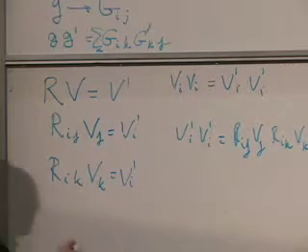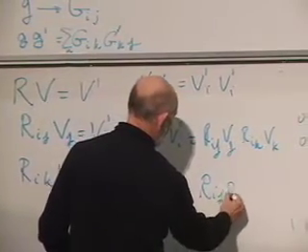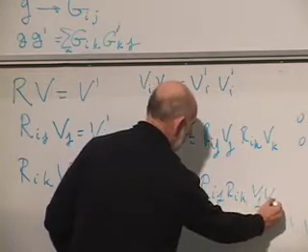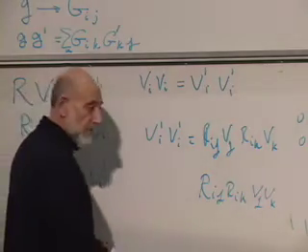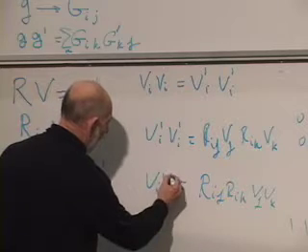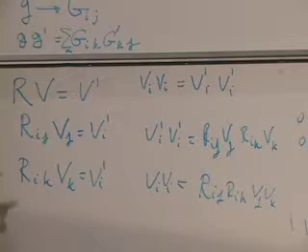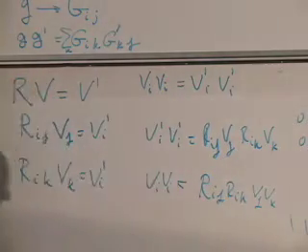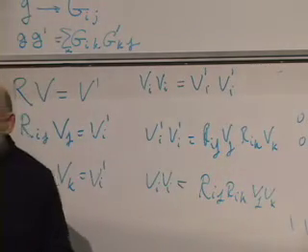Or equivalently, to write it a little differently, Rij Rik Vj Vk. This should be the same as vi vi. That's this over here is equal to this over here. What is the condition that this is equal to this for every possible v?